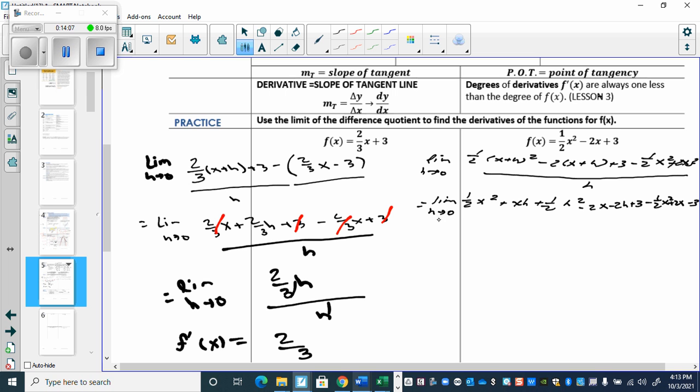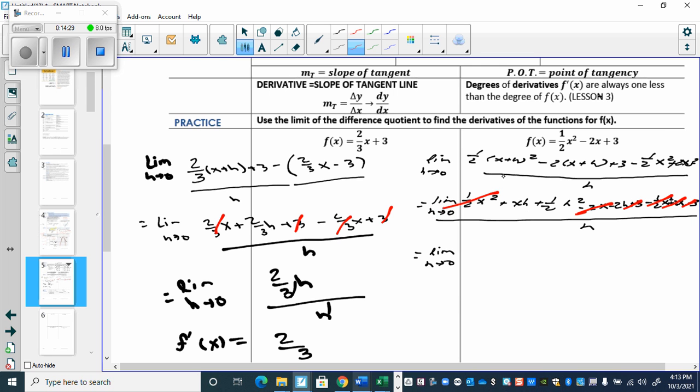Okay, and I'm going to go ahead and divide by h. And if you notice, I am very keen on this limit notation. I'm going to go ahead and cancel some things. So this cancels, my 3's cancel, the 2x's cancel.